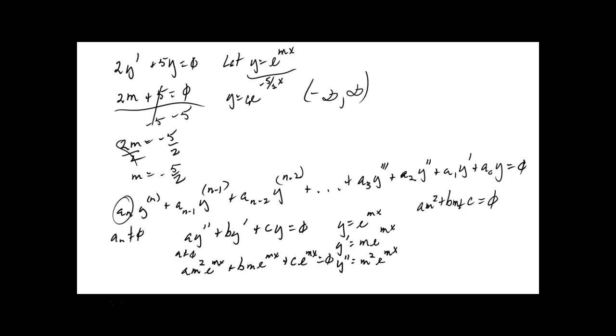Okay? Now, what this equation is called, they're going to get around to it sometime. Yeah, there it is on the top of page 136. This is called the auxiliary equation for this differential equation. That's the auxiliary equation of the differential equation.